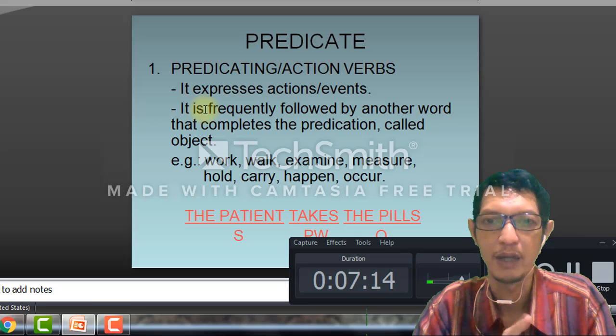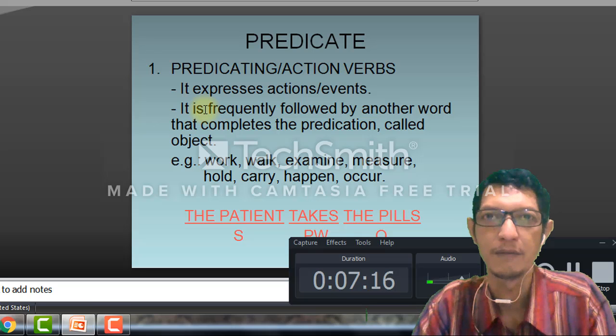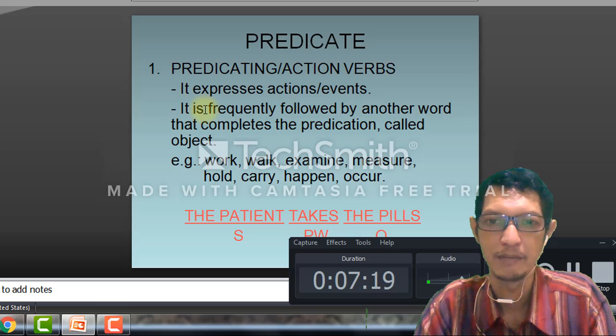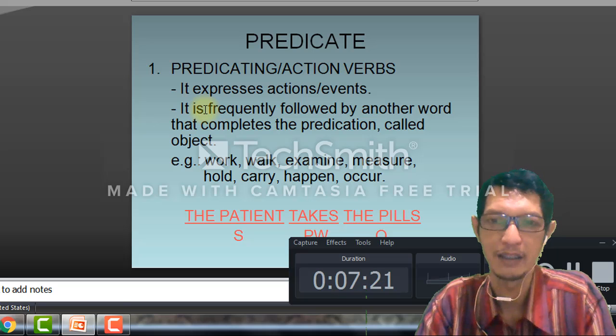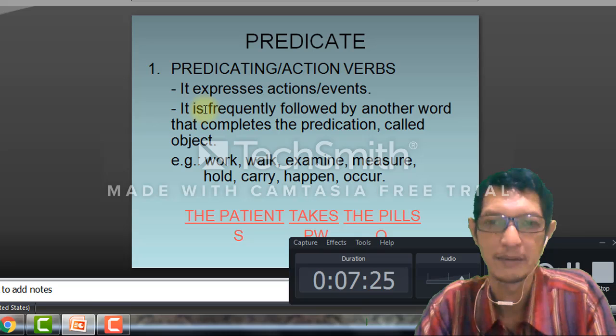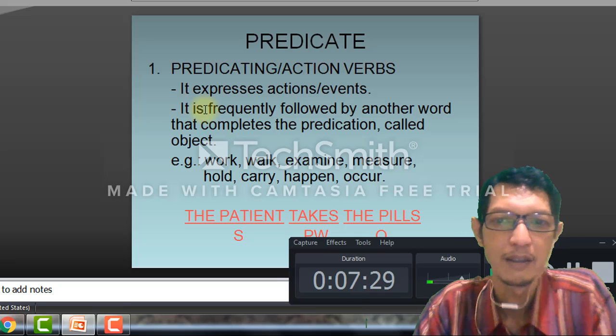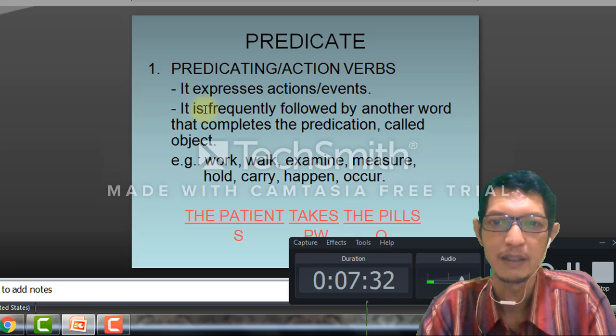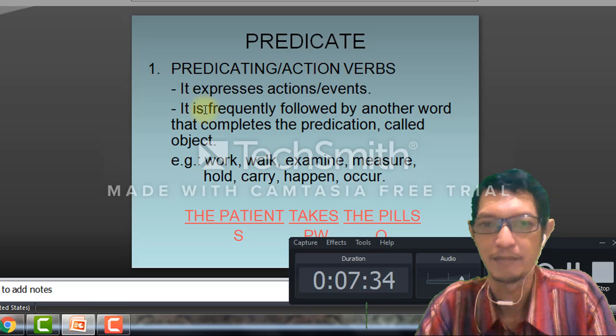The first, you have to decide what sentence you want to make. For the first here, a sentence that tells about action.